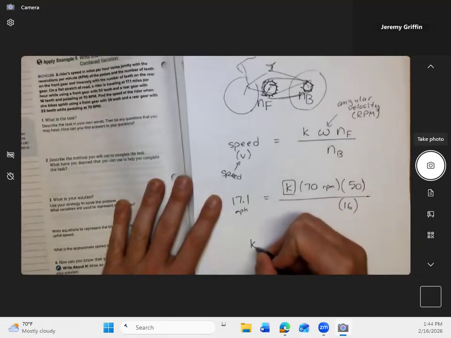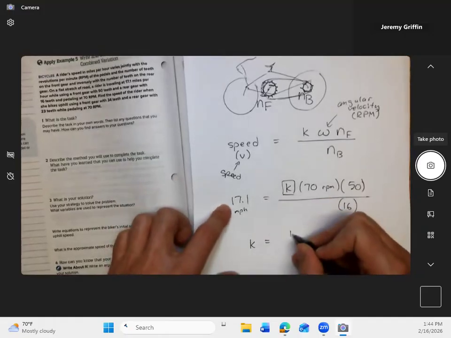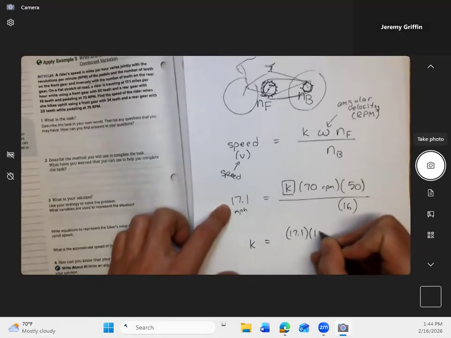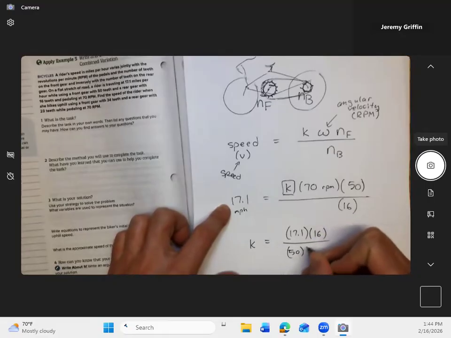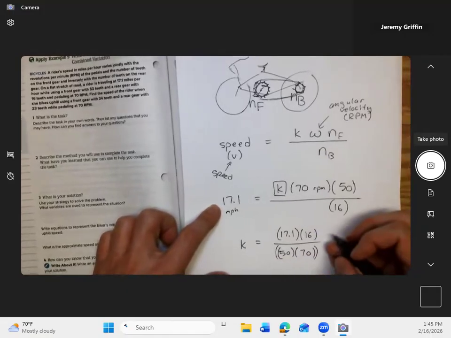So K equals whatever 17.1 times 16 over 50 and 70 is. This got weird units: miles per hour, revolutions per minute.